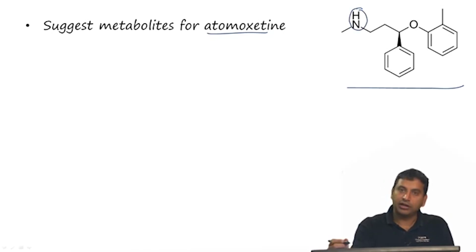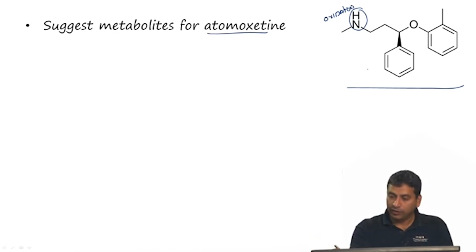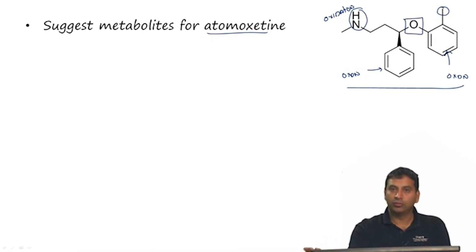So, the amine can undergo oxidation, right, and we have already seen that the benzene rings can undergo oxidation, right, and we have also looked at the toluene position, which is going to be susceptible to oxidation, and ethers have been shown to be dealkylated under these conditions. So, this is also a possibility.